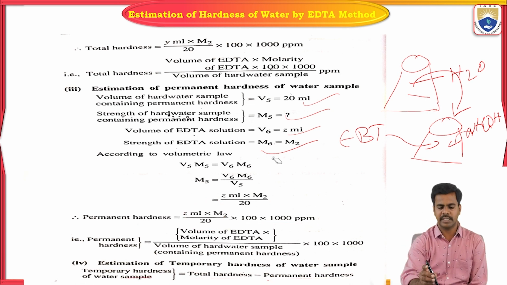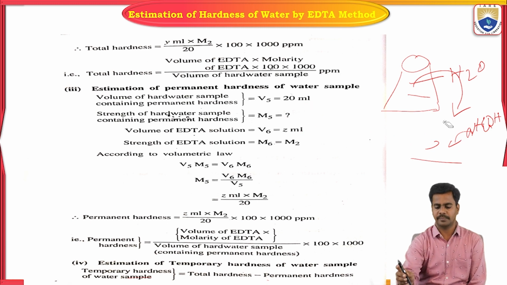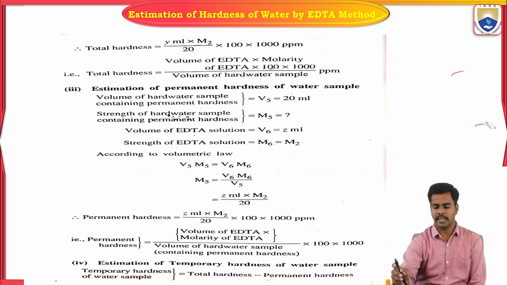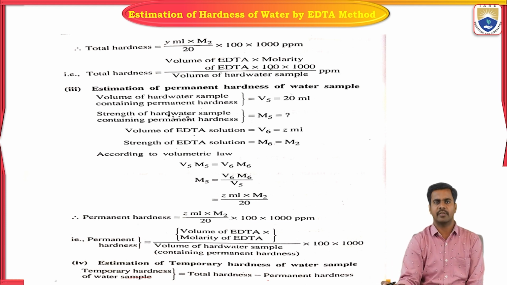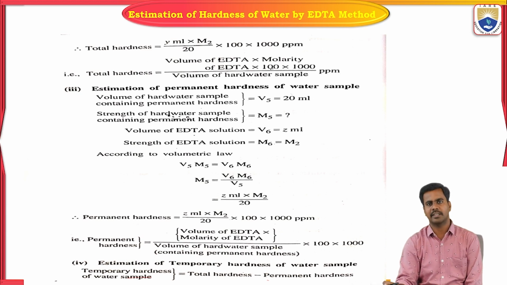So this is the procedure for estimation of hardness of water by using EDTA, which is a complexometric titration. Here a complex will be formed. That's why we call it a type of complexometric titration.